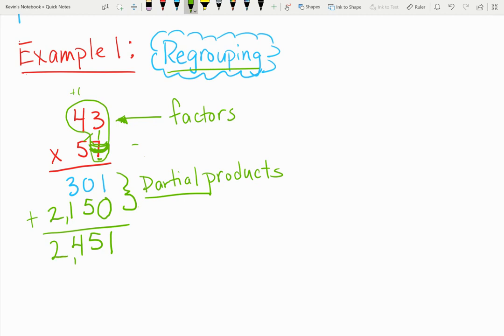And bring your 2 down. Again, a quick vocabulary review: this product here is the final product of the problem. And again, this is regrouping. This is your answer.